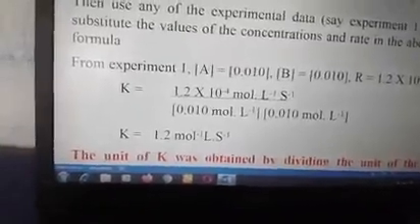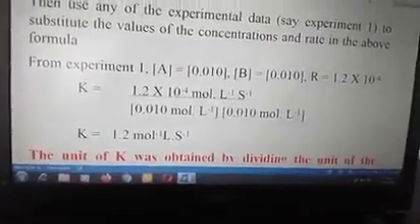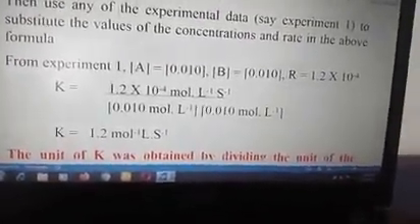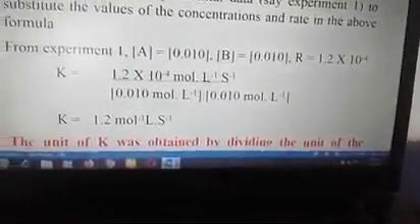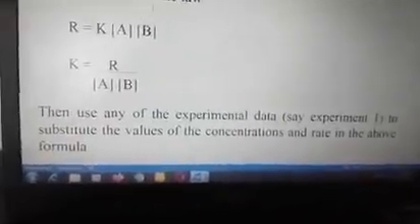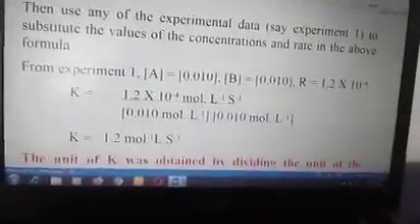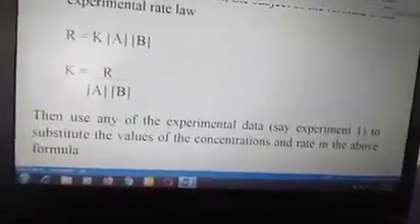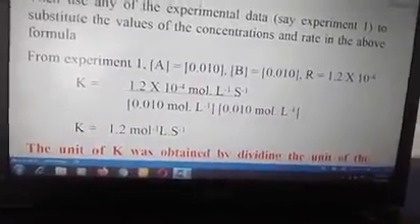So we have from experiment 1, concentration of A is 0.010 as we saw in the table, B 0.010, and the rate of reaction 1.2 power minus 4. We now substitute in the equation for K, replacing R with the rate of reaction, which is 1.2 power minus 4, and the denominators A and B concentration with their values 0.01 and 0.01 each.